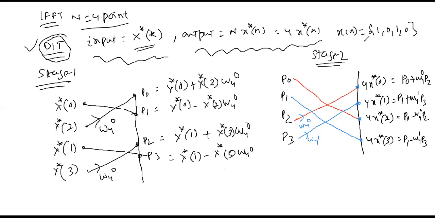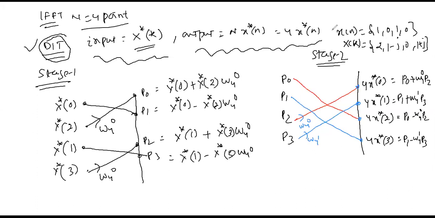You know how to find it using the matrix method, yes or not? Or simply, you put the FFT command to find x of k. Then what will you get? This x of k. This example was already solved in your class. You get x of k equal to 2, 1 minus j, 0, 1 plus j.